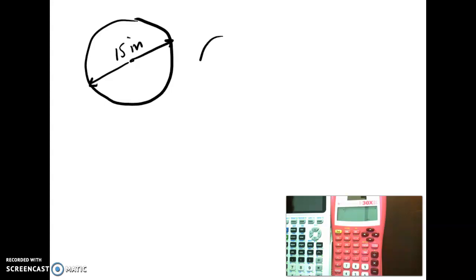And I have a small pizza that is 10 inches going through the center. So I want to know how much more area I get in this one than in this one.